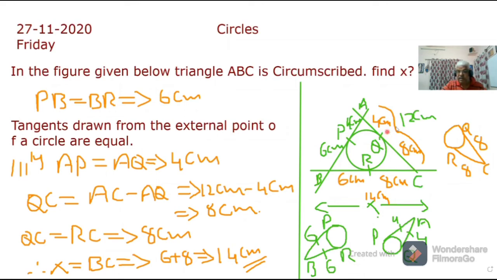Next, the overall AC measurement is 12, AQ we got as 4, and 12 minus 4 gives you 8 centimeters. This 8 centimeter QC will be equal to RC, which is also 8, because QC and RC are tangents drawn from an external point. Therefore, adding 8 plus 6, you will get the value of 14 centimeters. So, with this, my explanation regarding the problem is completed.